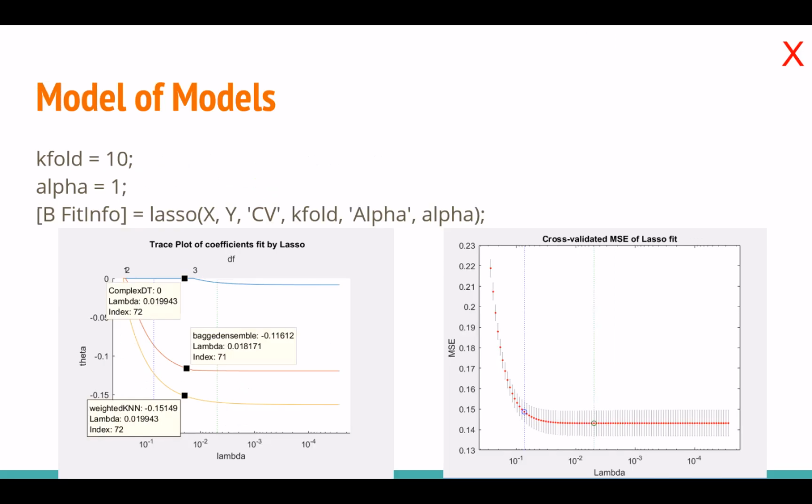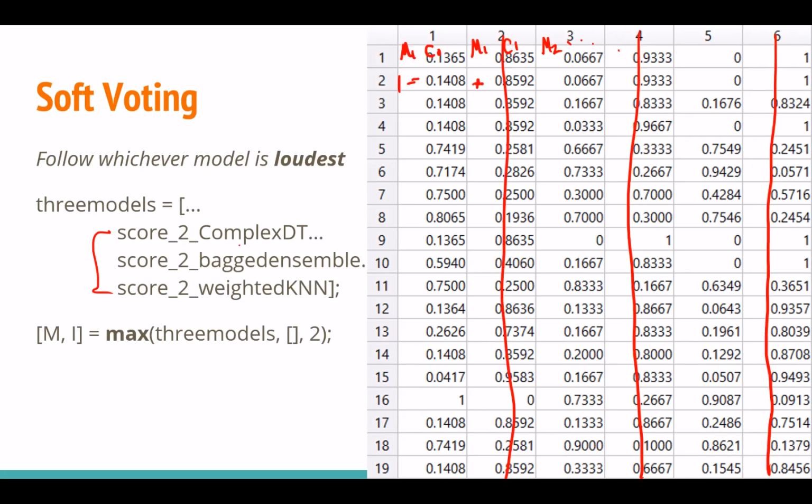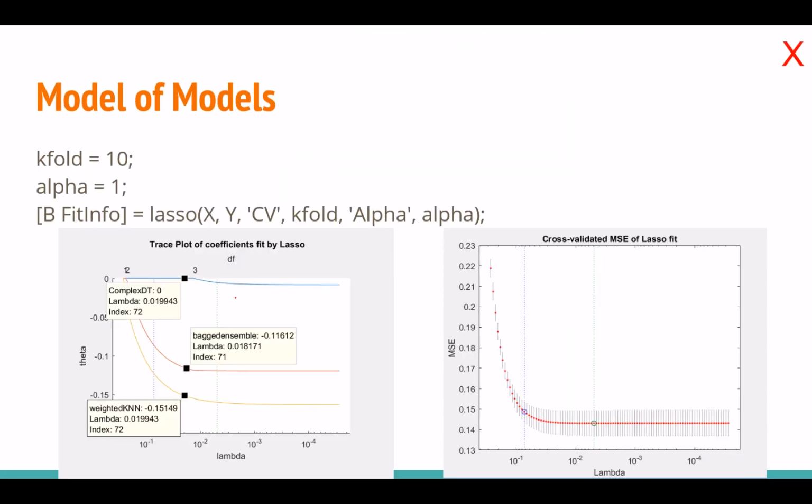So the model of models. Here what I'm doing is I'm taking these three models, the complex, the bagged ensemble, the weighted KNN. I'm taking each of these models, and y equals x1 theta 1 plus x2 theta 2 plus x3 theta 3.